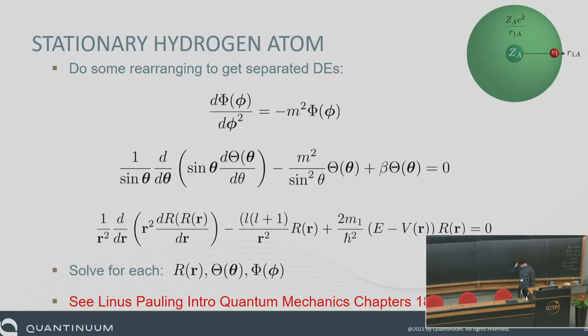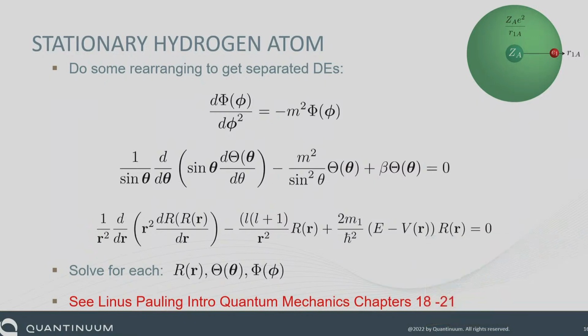And it really gives you the idea of how these problems were being solved back then before computers. A lot of the modern quantum chemistry textbooks just jump into the numerical solutions, which don't give you as much insight into the problem. Okay, so here are the three equations that you get from separation of variables. You've got your phi equation, your theta equation, and your radial equation.